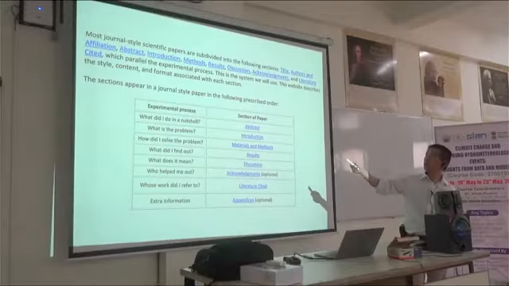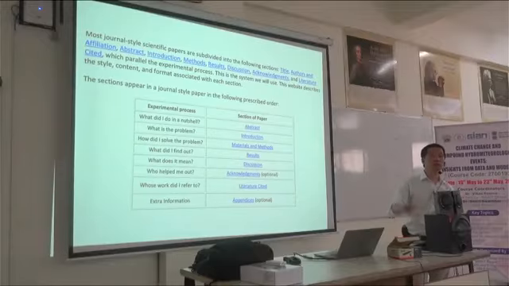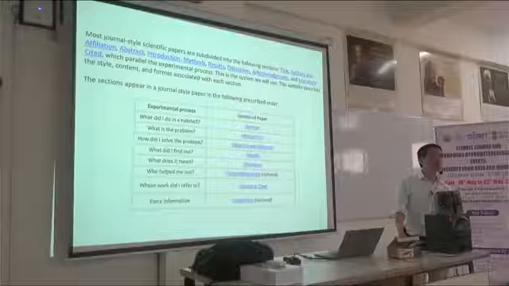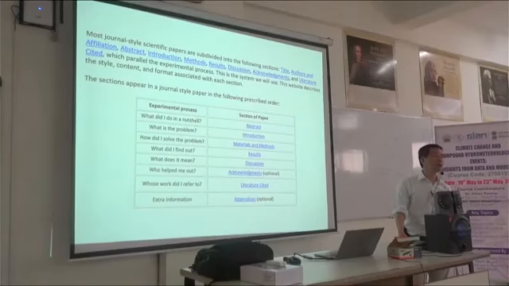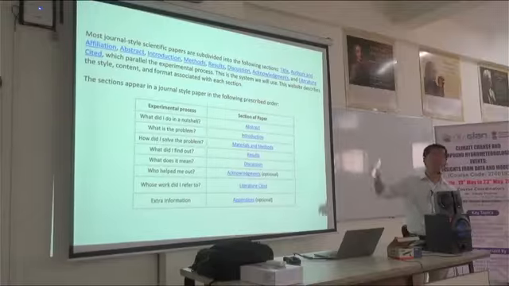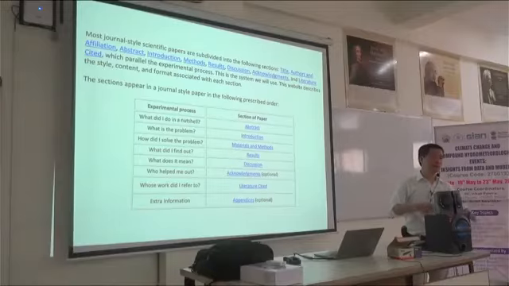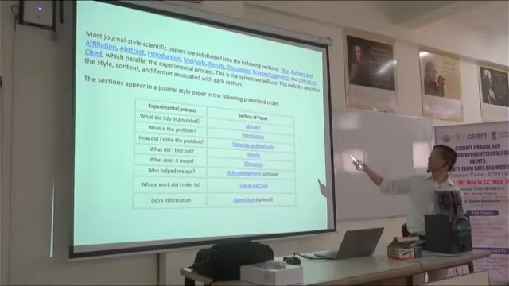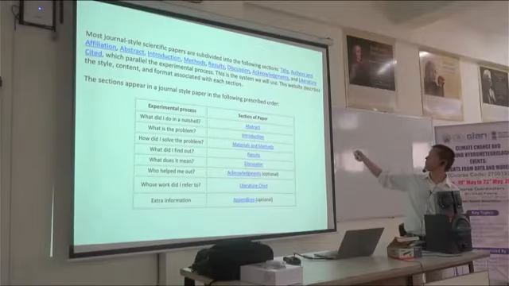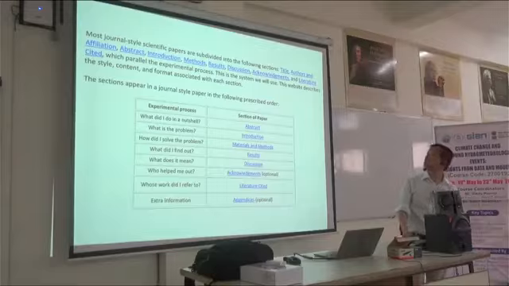Sometimes people combine results and discussion into one section, especially for shorter journals, like Geophysical Research Letters, an AGU journal, just to be more efficient in space. Then you have acknowledgements, which are optional, and then the literature section.